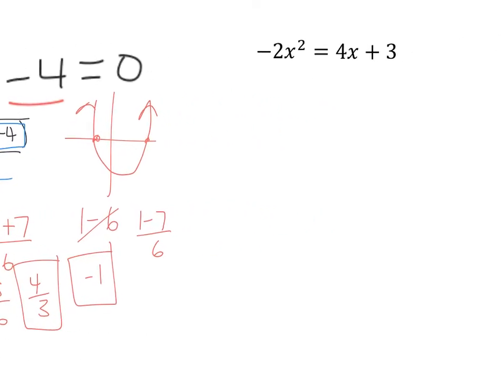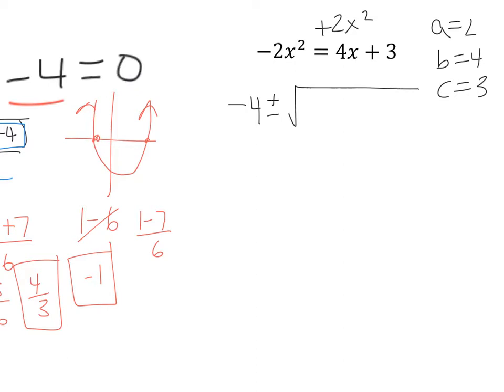Second one, you want to get one side equal to 0, so I'm just going to add 2x squared here. So a is 2, b is 4, c is 3. So it's opposite 4 plus or minus the square root of 4 squared minus 4 times 2 times 3, all over 2 times 2.